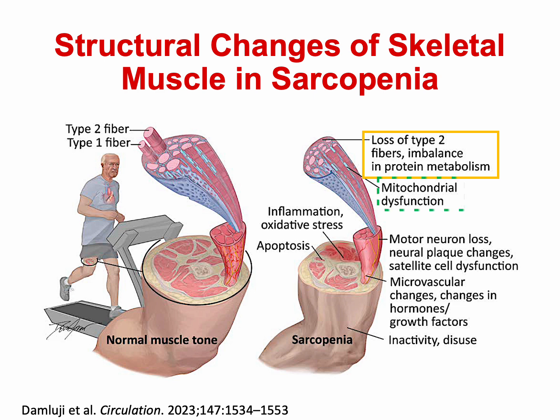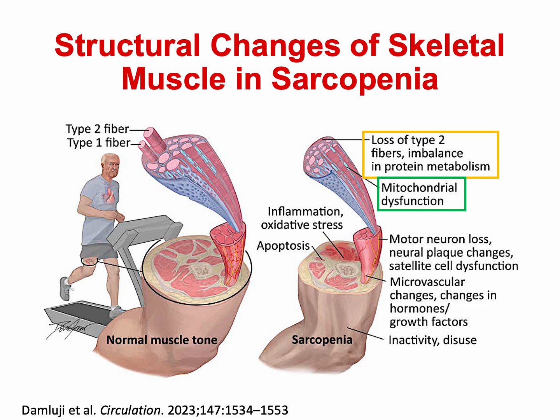Impaired mitochondrial function has also been suggested to contribute to sarcopenia through production of high levels of ROS, or reactive oxygen species, that lead to damage of DNA.